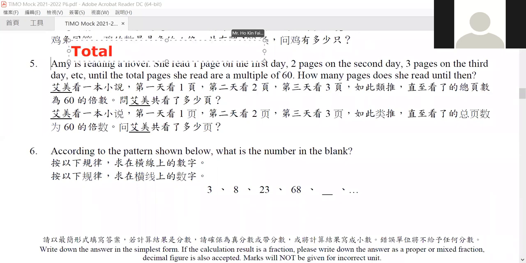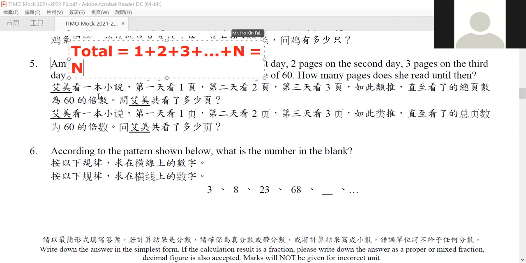Now, the total will be equal to the first 1, 2, 3 up until some number n, because of the n days. Based on our Gaussian theory, 1 plus 2 plus 3 up until n will be equal to n times n plus 1 divided by 2.